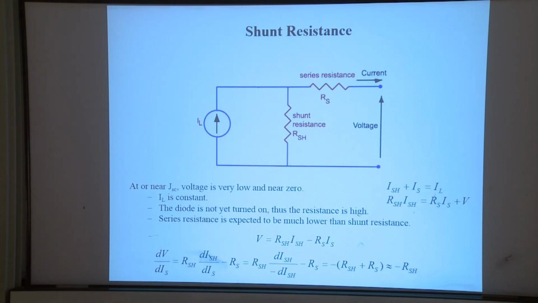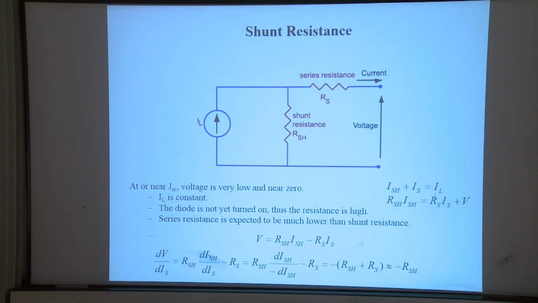Again, we take a look at the diagram. Now, since the current at ISC is 0, there will not be current flowing outward to drive the load. All right?